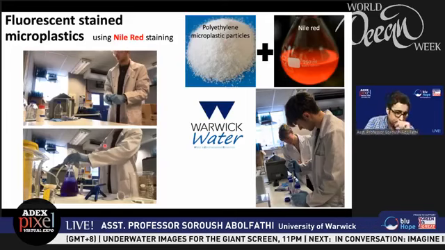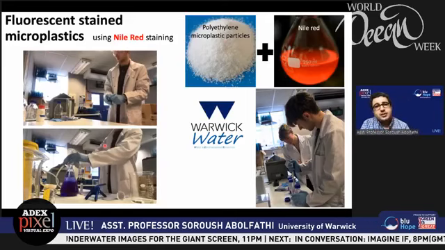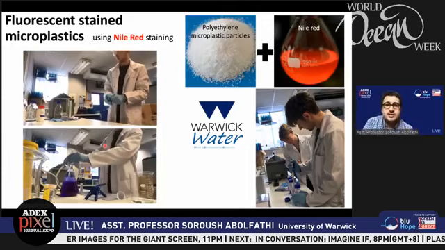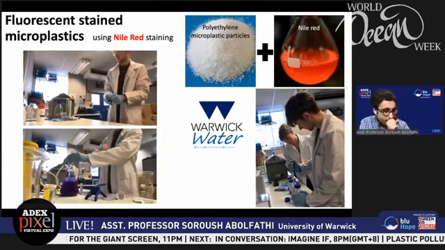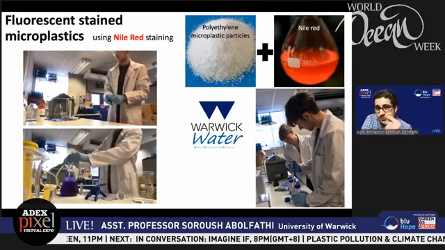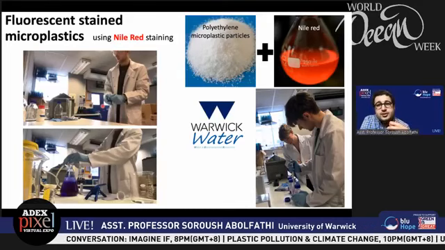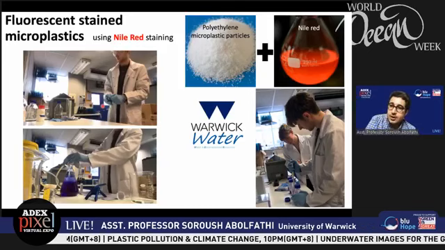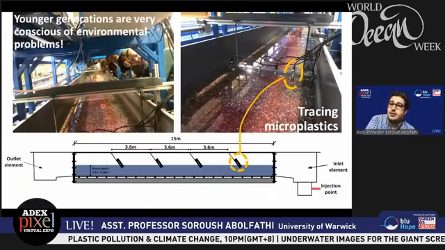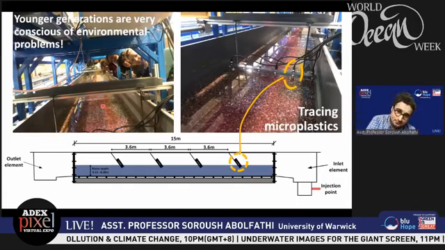Sorry, Jake spent hours and hours and hours, I think something like 6 hours, to create these fluorescing barcoded particles so that we can inject them into the stream, and then we can look at the dispersion and the behavior.